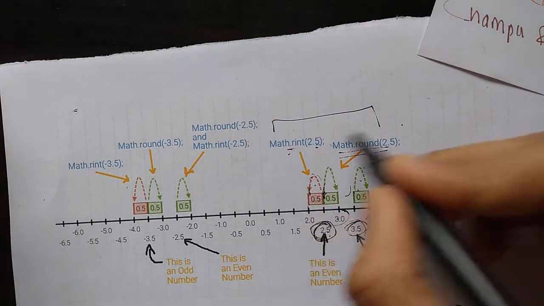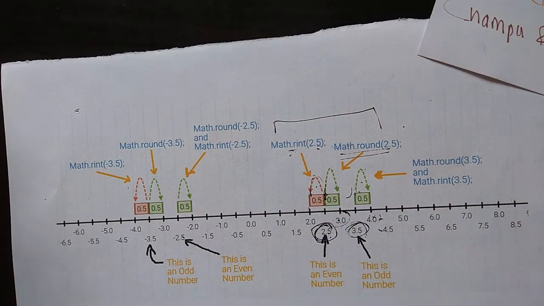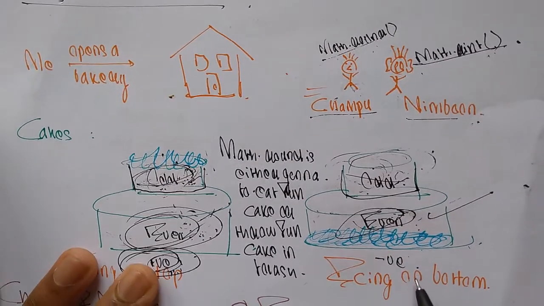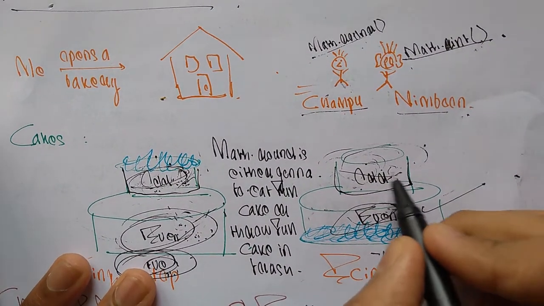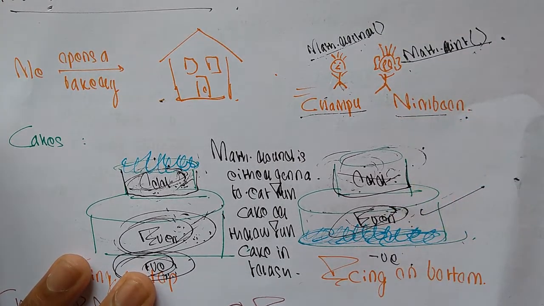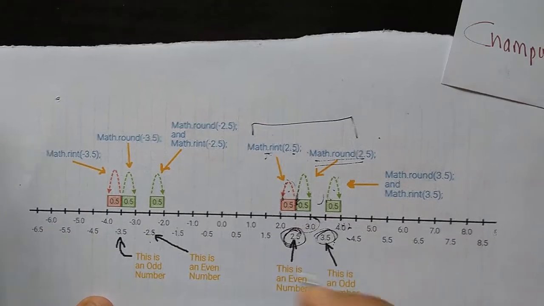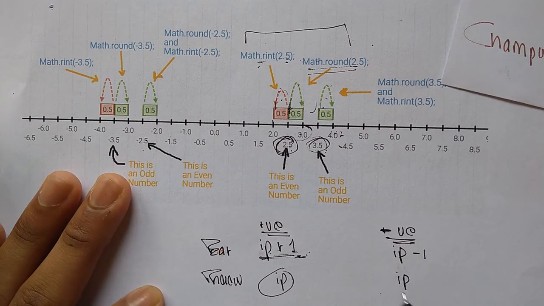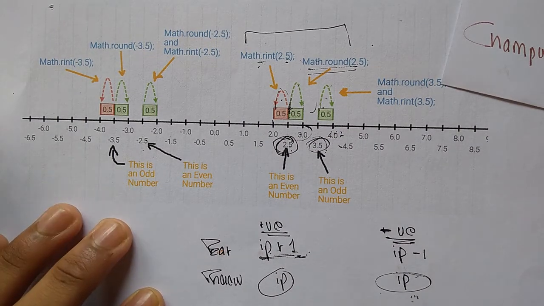Okay. And now we go to the negative side. Math.round, remember what he did? He threw the whole cake in the trash. What does that mean? Throwing means that he is just returning the integral part.